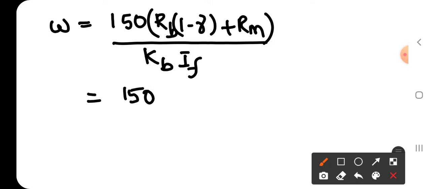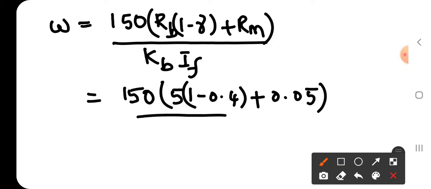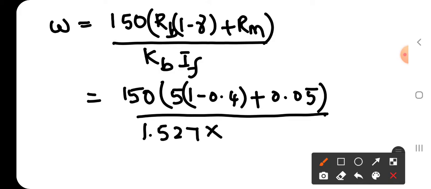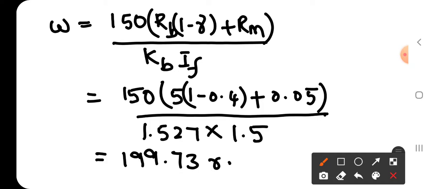Ia is 150, Rb is 5, 1 minus 0.4 plus 0.05, over Kb value 1.527 multiplied by 1.5. Approximately you will get this value as 199.73 radians per second. It is an approximate value.